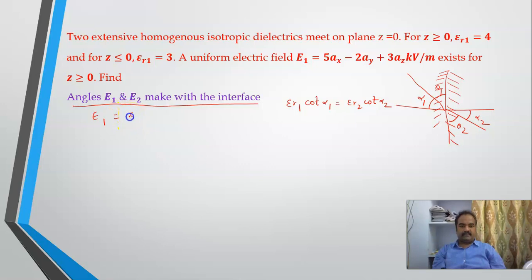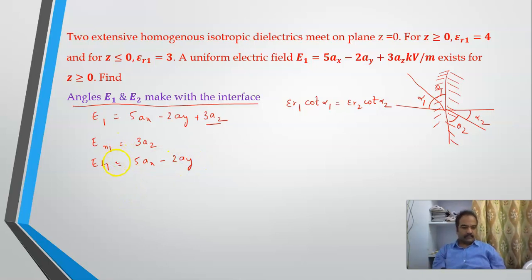E1 is equal to 5ax minus 2ay plus 3az, right? So which means En1, the normal component, is 3az, right? And Et1 is equal to 5ax minus 2ay, isn't it? Now if you see, this is the tangential component, this is the E1 vector.